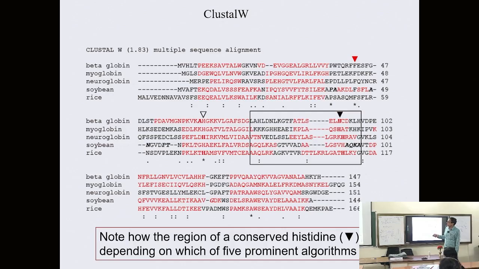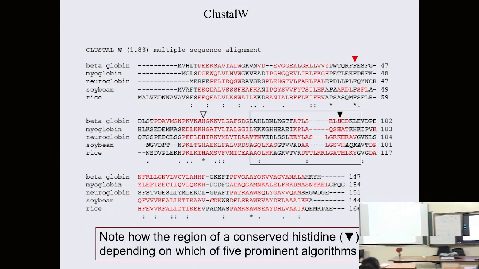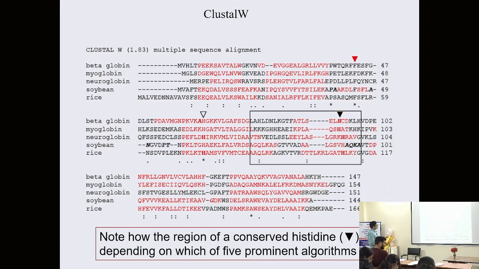You can see at this position, histidine is aligned very well in all these 5 globin sequences, from beta globin, myoglobin, neuroglobin, soybean globin, and rice globin. But if you look at the other histidine, it seems like it got aligned in beta globin and myoglobin, but it is not so with neuroglobin, soybean globin, and rice globin.